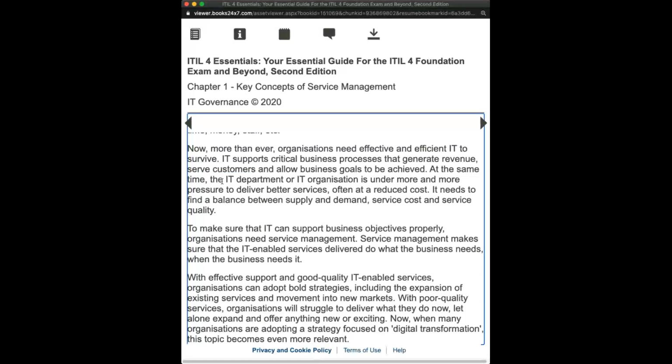At the same time, the IT department or IT organization is under more and more pressure to deliver better services. Why? Again, because of competition. Someone is delivering a fast service, but a lot of other companies are delivering even faster service, and that pushes the standard for fast web page responses.